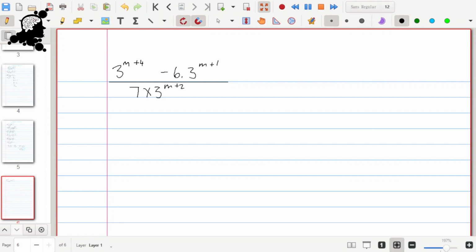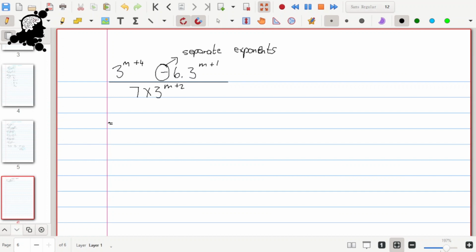Now once again, you will notice that right here at the top, on my numerator, there's a minus sign. The minus sign is giving me an indication that I need to separate the exponents. Remember what we said. Whenever we see a plus or a minus, this is an indication that we need to separate the exponents.